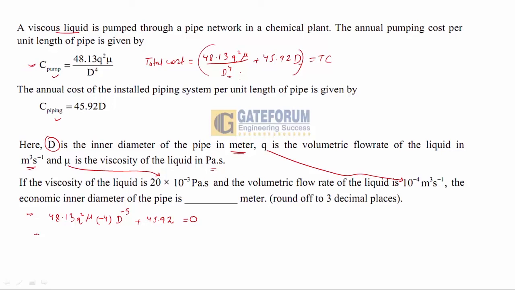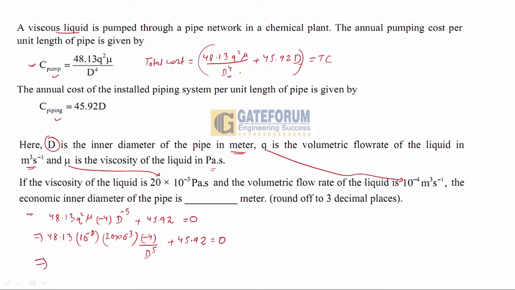Okay, now this problem is very easy. Everything we have, let us put the values. 48.13. What is Q? Q is 10 to the power minus 4, so whole square will become minus 8. Mu is 20 into 10 to the power minus 3, multiplied by minus 4, divided by D to the power 5, plus 45.92 is equal to 0.